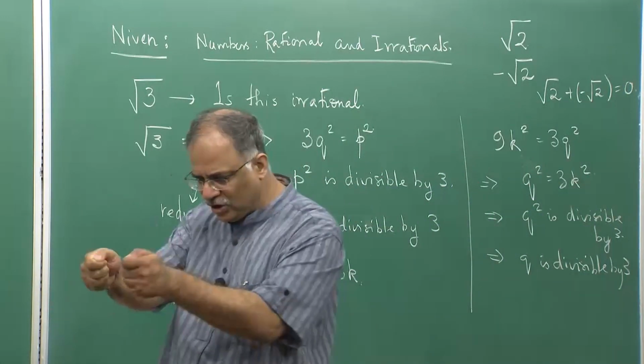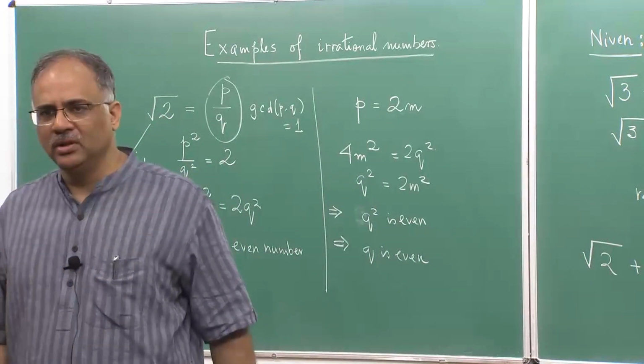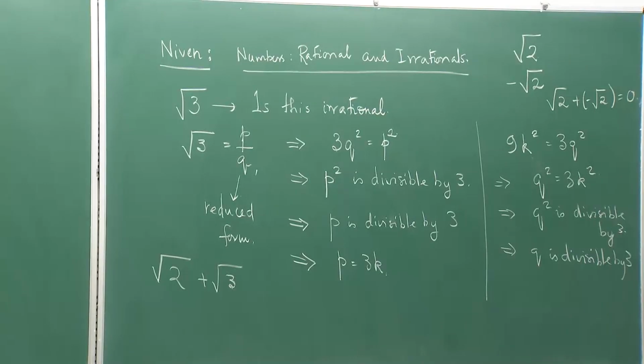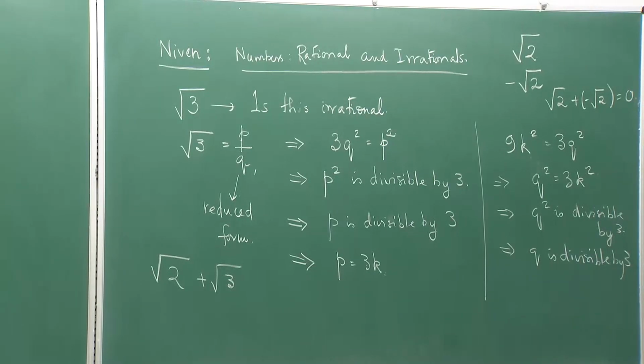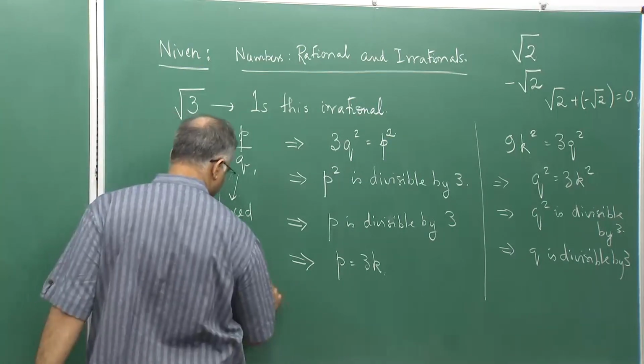If you take two rational numbers and add them, or if you take two rational numbers and multiply them, you will always get a rational number, but you cannot guarantee that such a thing would happen when you have two irrational numbers. So, the question is, is this rational or irrational?